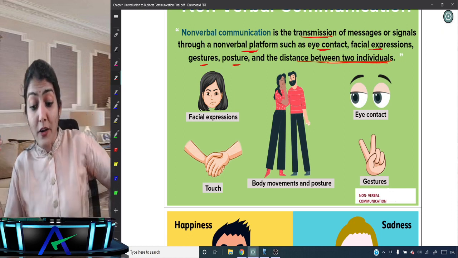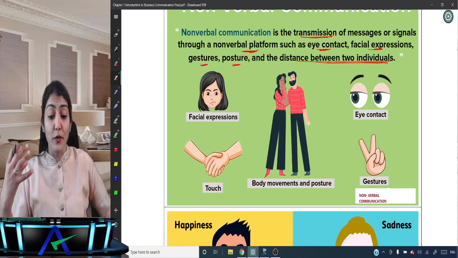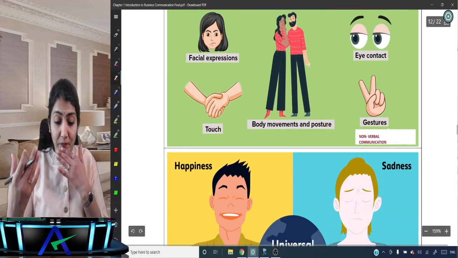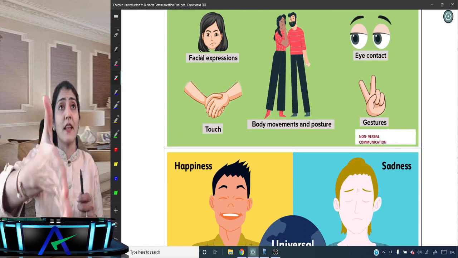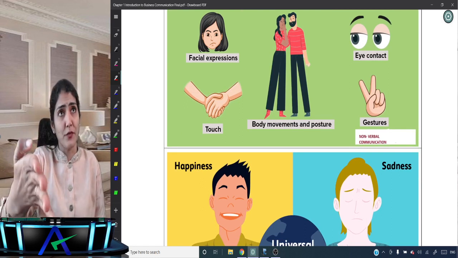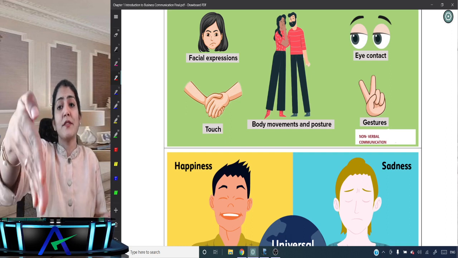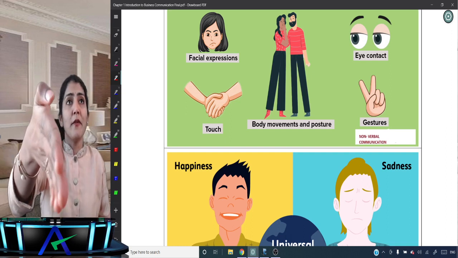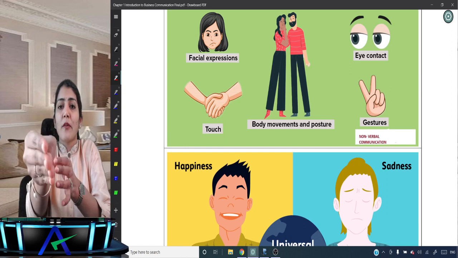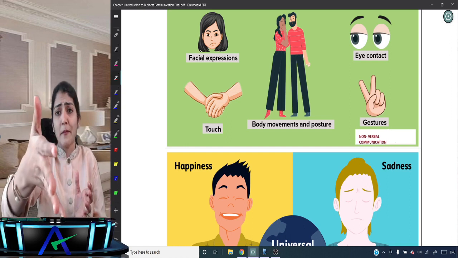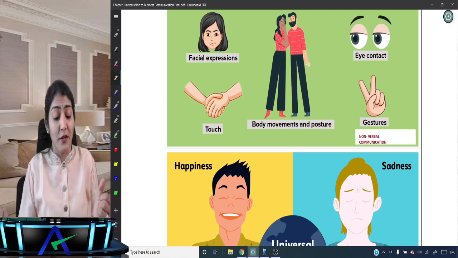Like the way you give a handshake to somebody, whether it's a firm handshake or you're not even trying to give a firm handshake, just the tips of your fingers with which you're shaking the hand. So how firmly you shake explains how much confidence there is in you.